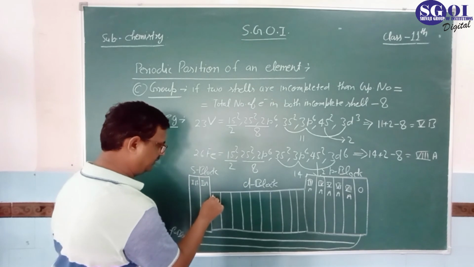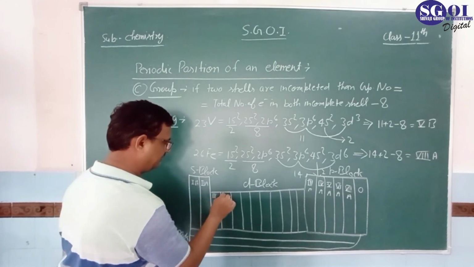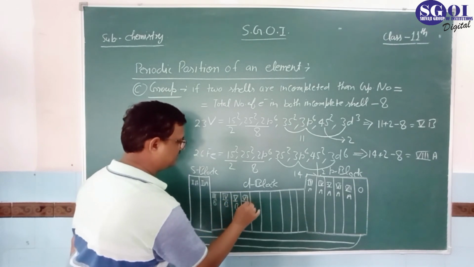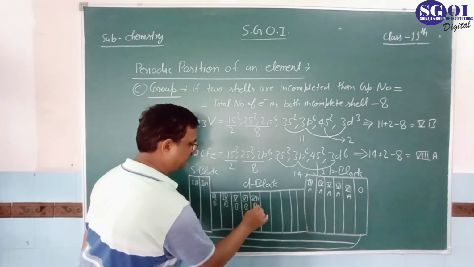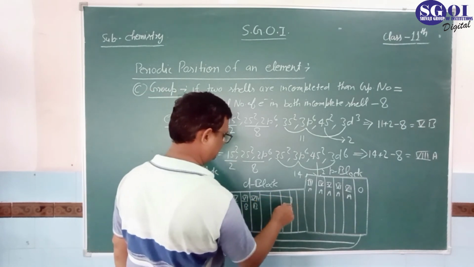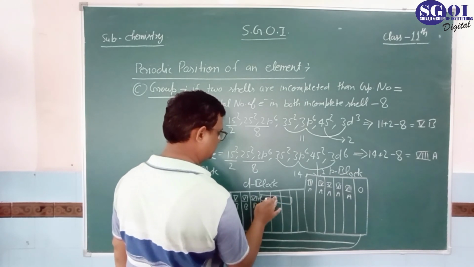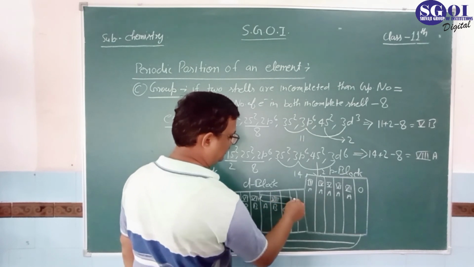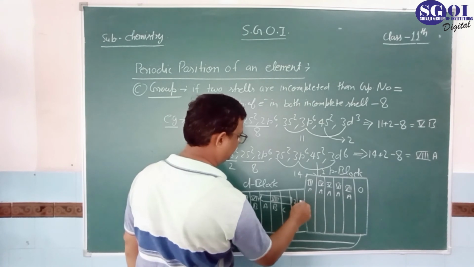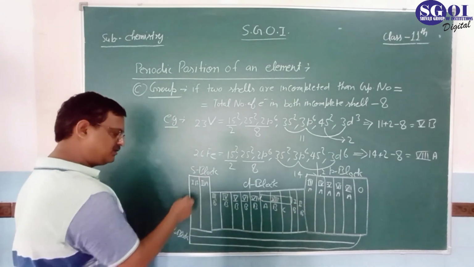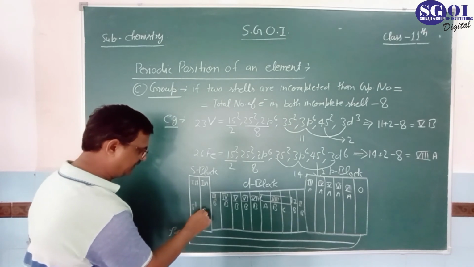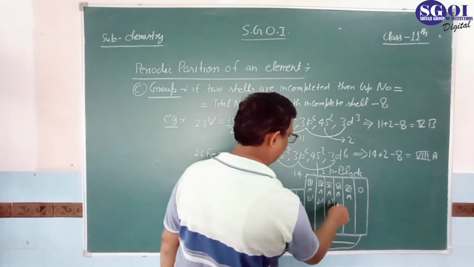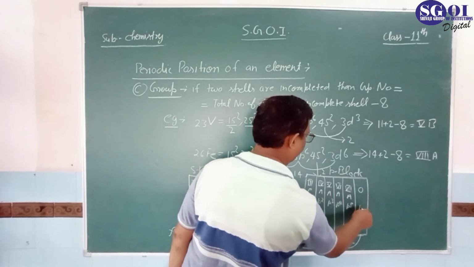This one is starting from third B: third B, fourth B, fifth B, sixth B, seventh B. This is the 8th, A, B and C. The last ones are the first B and second B. So the last configuration is S1 and S2. This one is P1, P2, P3, P4, P5 and P6.